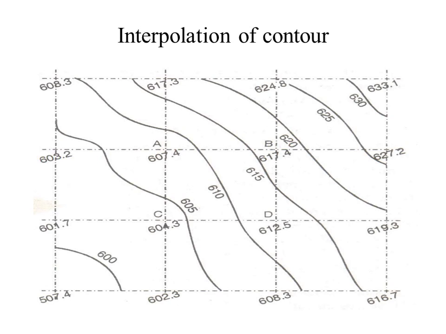By eye judgment or by making use of the arithmetic method, we can locate the exact position of a particular contour in between the two plotted RLs.